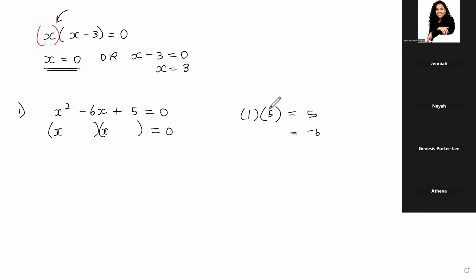And in order to get negative 6, you'll have to say negative 1 take away 5. So both of them will have negative signs. Negative 1 times negative 5 is positive 5, and negative 1 take away 5 is negative 6. So in my brackets, the second part would be minus 1 and minus 5.